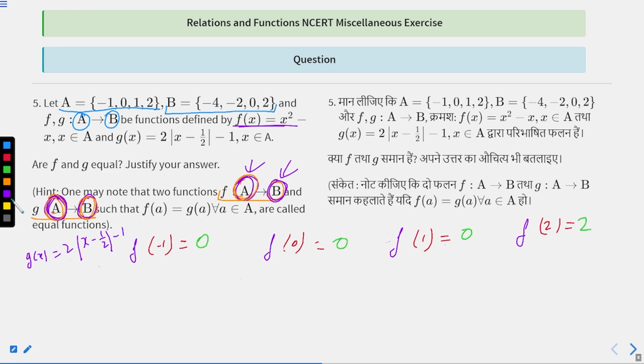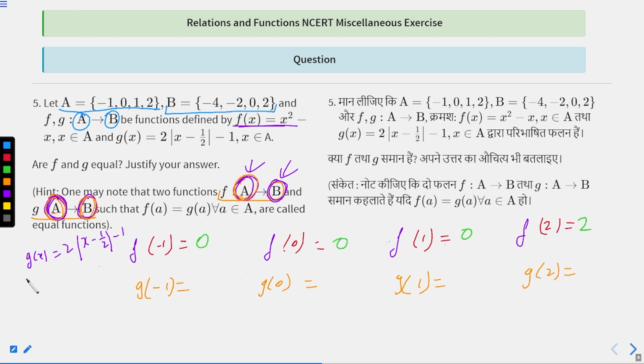So now we need g(-1), g(0), g(1) and g(2).